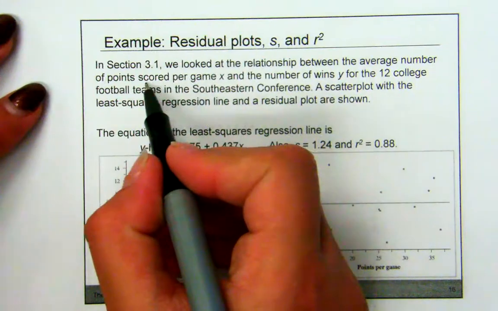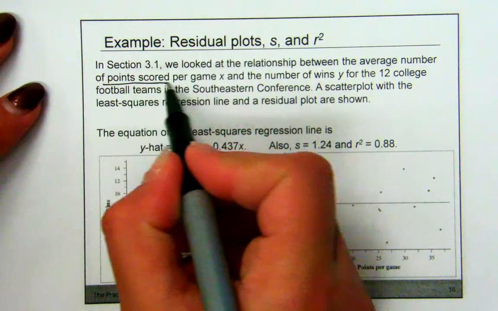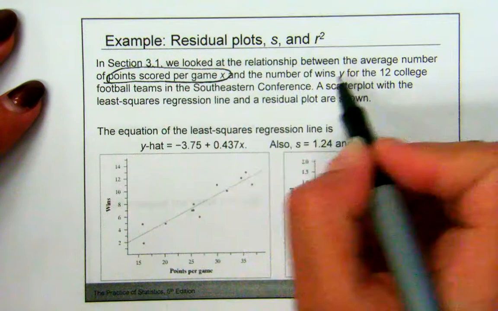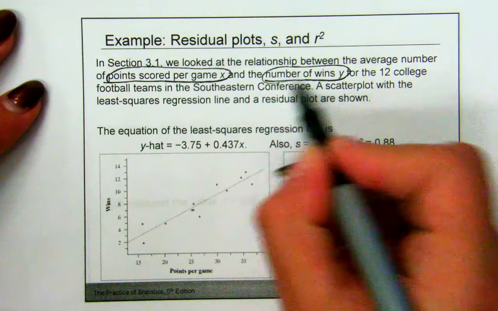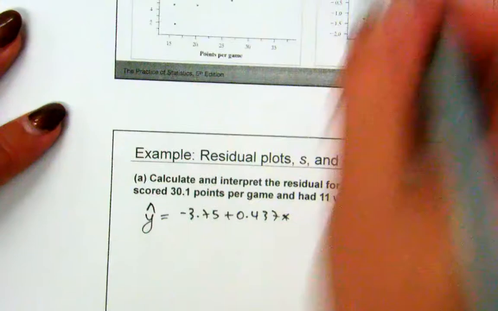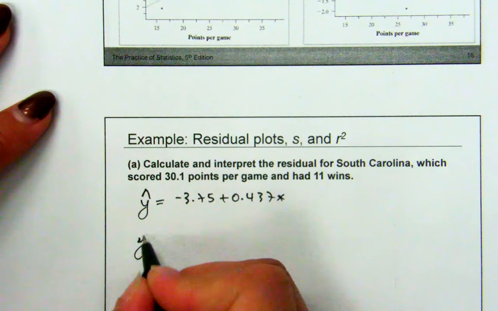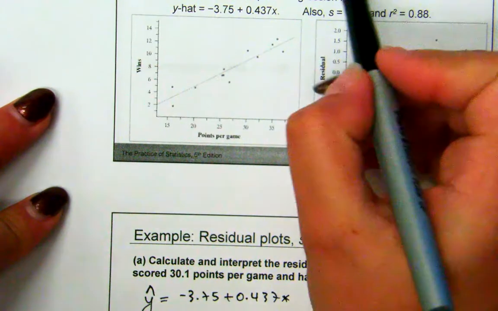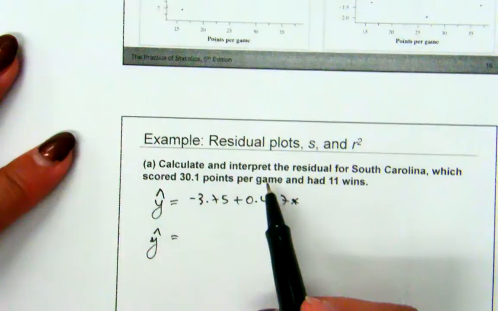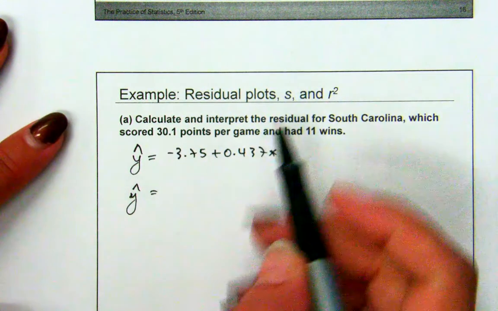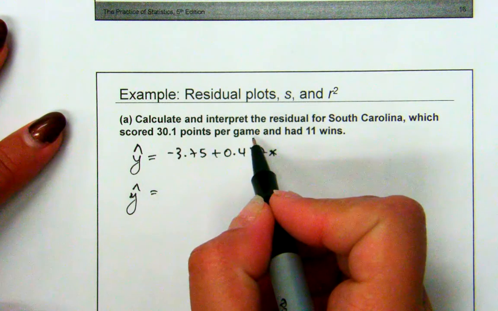It tells us here that points scored per game is your x value, and the number of wins is your y value. We want to find the y predicted, so I'm not going to plug in a number of wins, I'm going to plug in points per game because that's going to be on my x-axis and that's my explanatory variable.